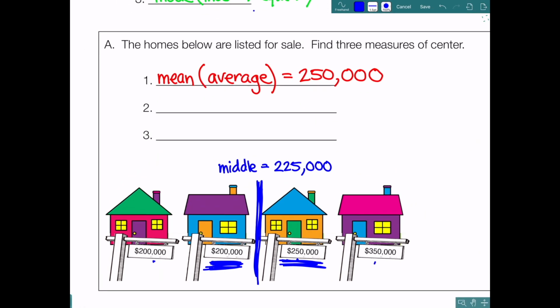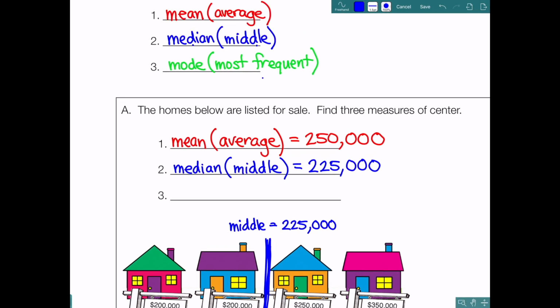If you're using the median, write it down. Median means middle. The median value for these homes is $225,000. Let's move on to the third way to measure the center, and that is by using the mode in green. Write down mode, and that just means the most frequent.